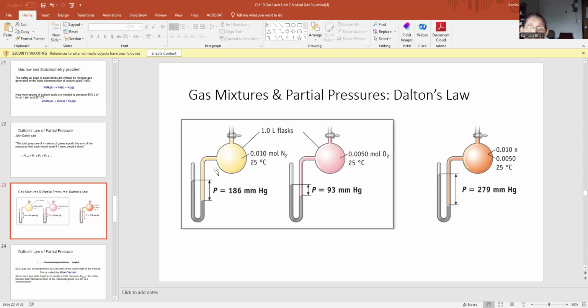The total pressure would be the sum of 186 mm pressure plus 93 mm pressure, which gives you the outer flask, showing that when they mix together, the total pressure is 279 mmHg. The mole fraction of nitrogen would be 186 divided by 279. The mole fraction for oxygen would be 93 divided by 279, because we assume that the temperature and the volume are kept constant.